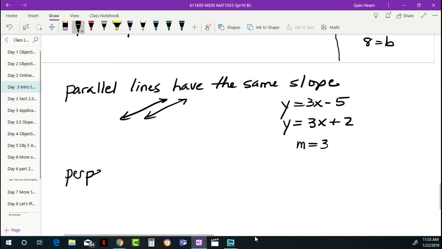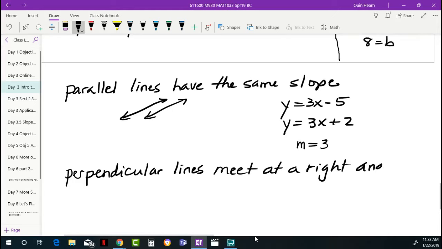Perpendicular lines meet at a right angle, at a 90-degree angle. So they look like this or this, all right?